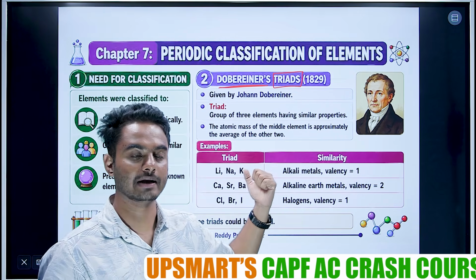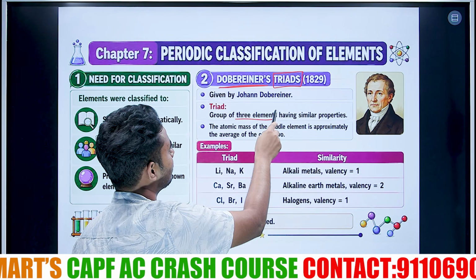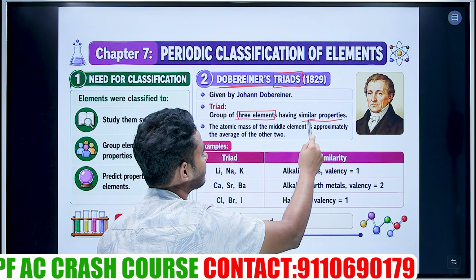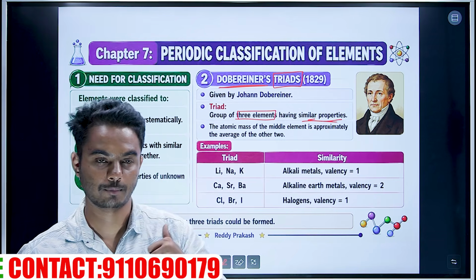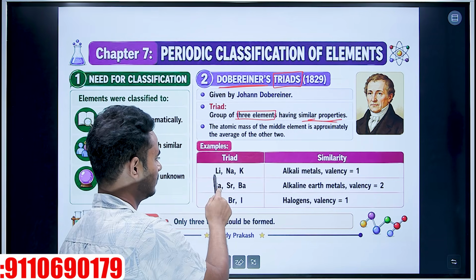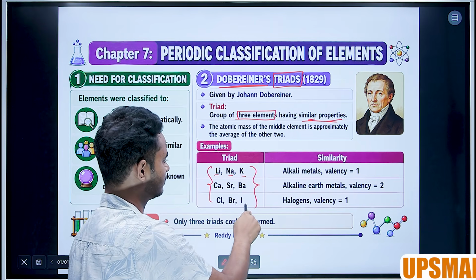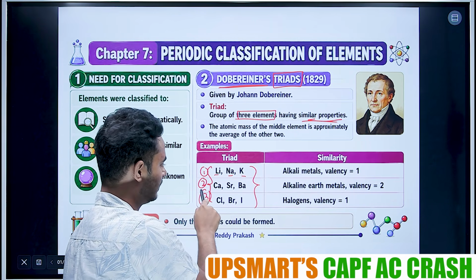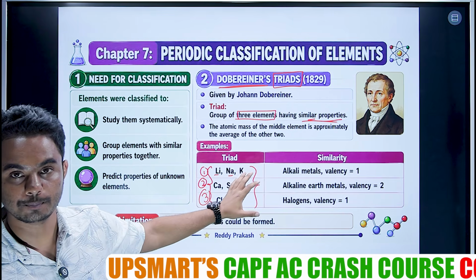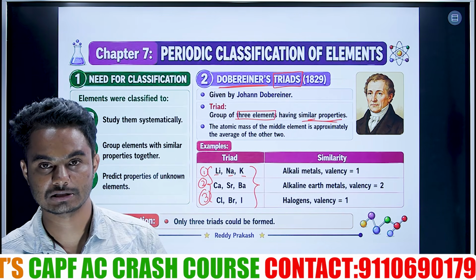Dobereiner triads: he told that a group of three elements have similar properties. They are lithium, sodium, potassium. Similarly, there are two other groups. He is telling that the elements of each of these three groups have similar properties.